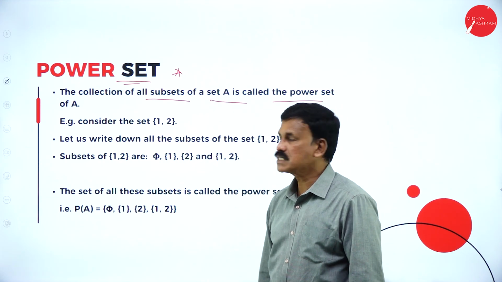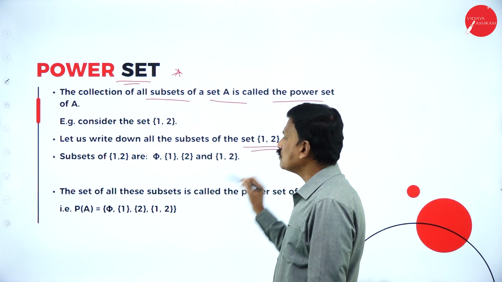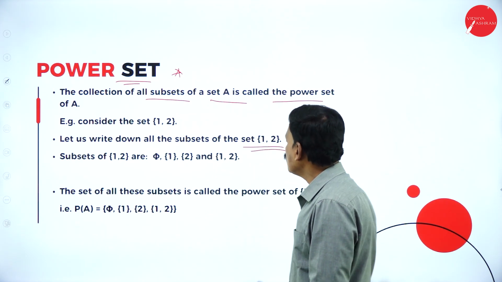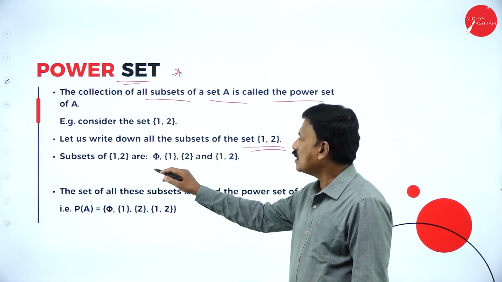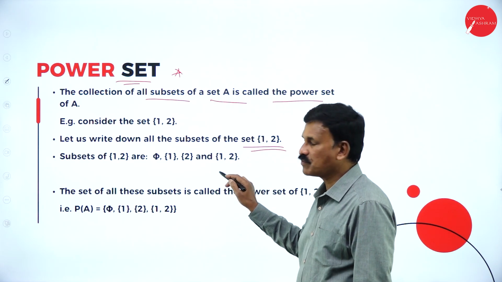Consider, for example, a set {1, 2}. Now let us write down the subsets of {1, 2}. The null set is a subset, {1}, {2} and the entire set {1, 2}.